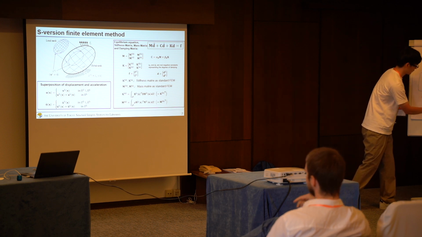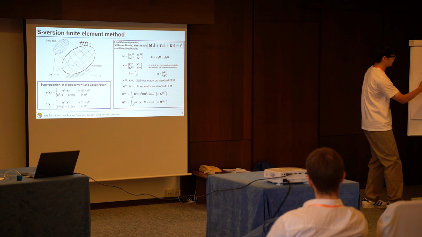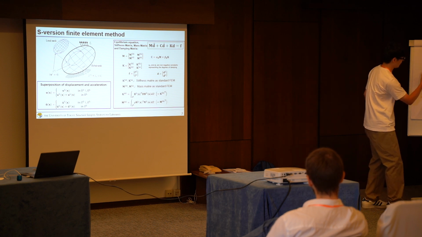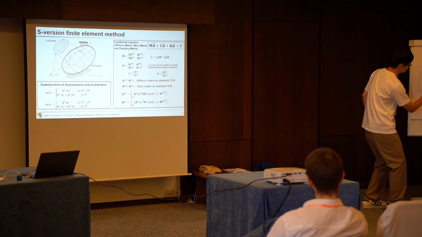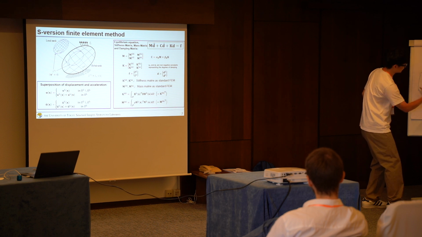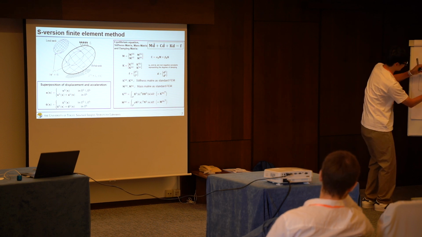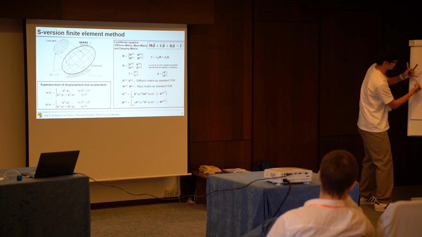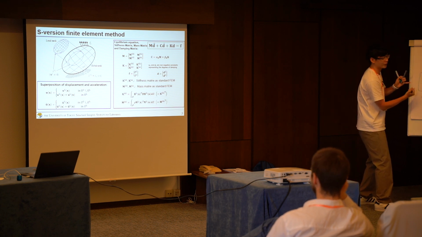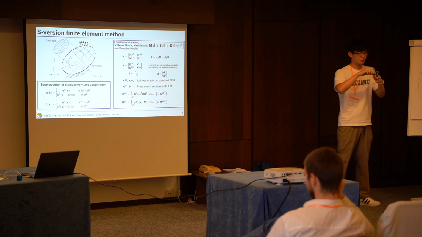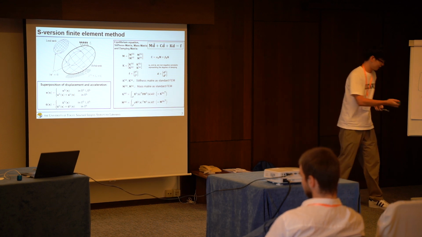We can obtain, for example, the displacement u of this point. This point is inside, and it's obtained with the shape function of the global mesh and the values of these four nodes. And we add it to the local mesh.